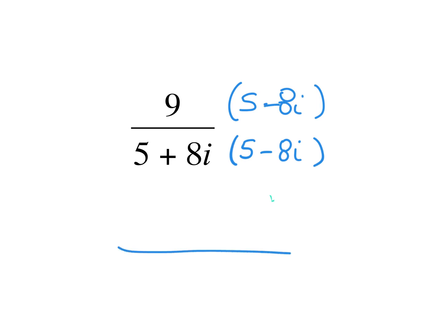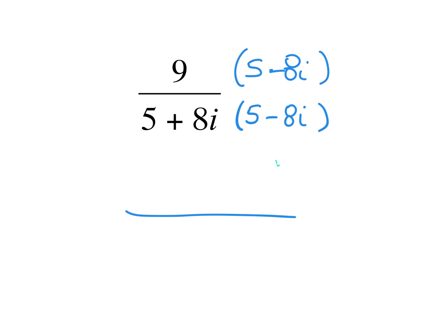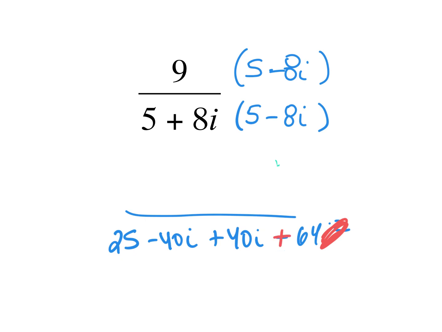Make sure you have your signs right. 5 times 5 is 25. 5 times negative 8i is negative 40i. 8i and 5 is positive 40i. And then 8i and negative 8i is negative 64i squared. When I see i squared, I cross it off, change that sign.